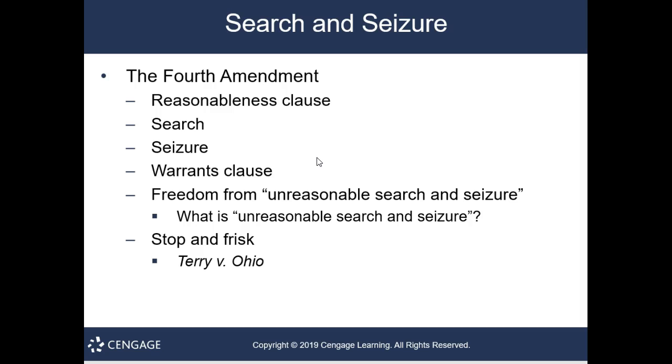So if you want to know whether in a certain situation the police have acted appropriately under the Fourth Amendment and did a search or seizure legally, you'll have to go to cases like it that have already been decided by the courts to decide that issue.